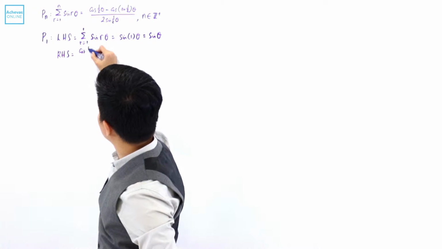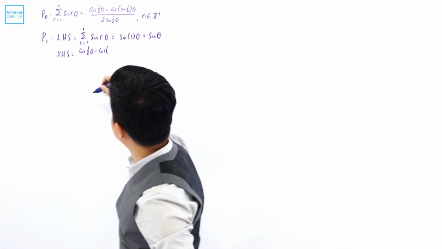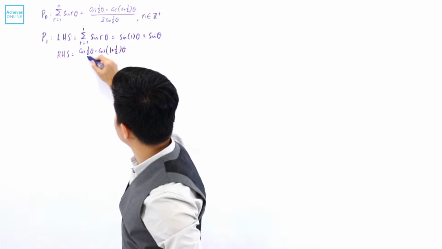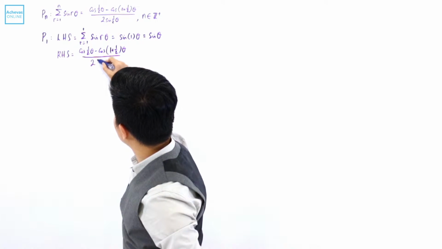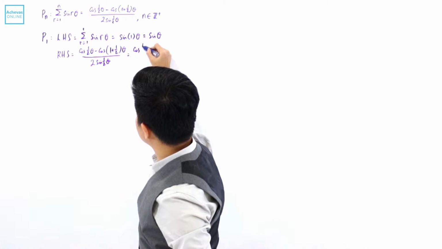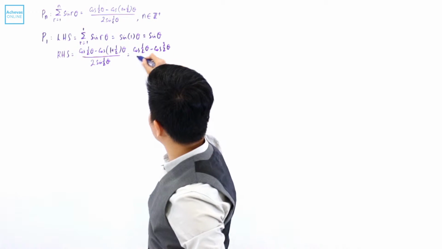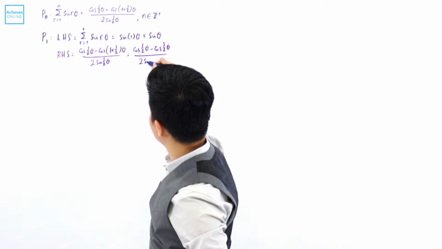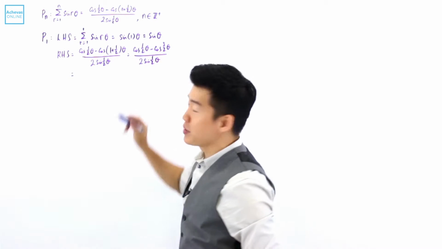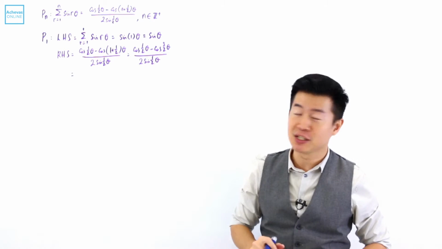what we have is cosine half theta minus cosine of replacing n by 1. So 1 plus half theta divided by 2 sine half theta. So this is cosine half theta minus cosine 3 over 2 theta divided by 2 sine half theta. To continue from here, I'm going to make use of the factor formula that can be found in the formula sheet.